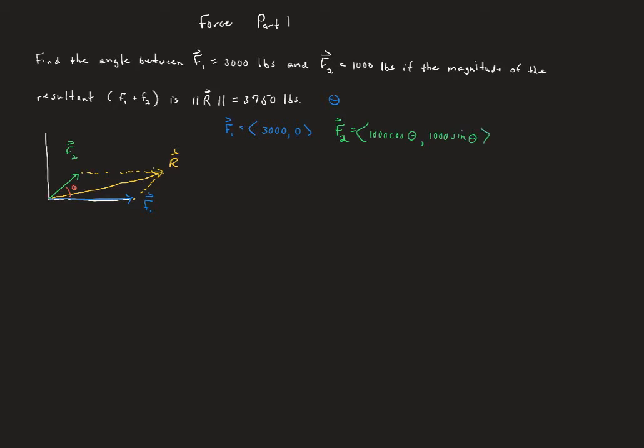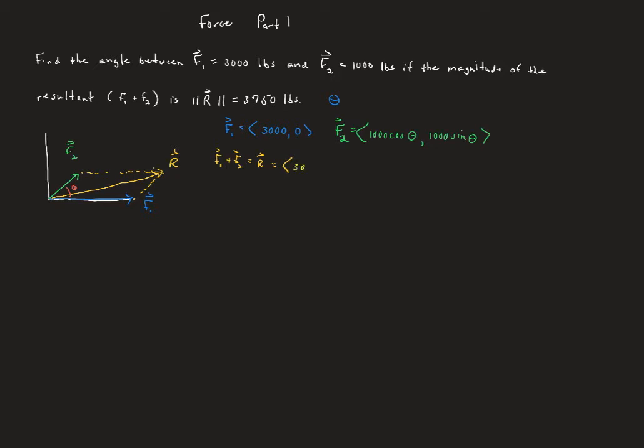When we add F1 to F2, we get the resultant, which we find by adding those components together.